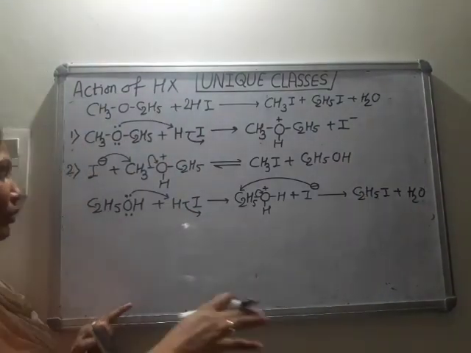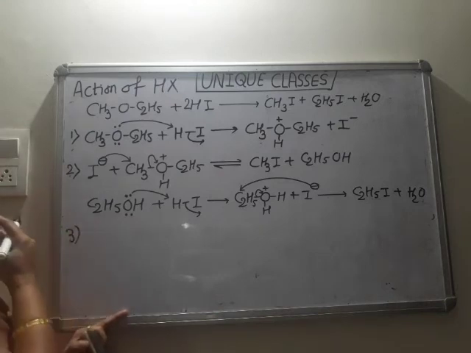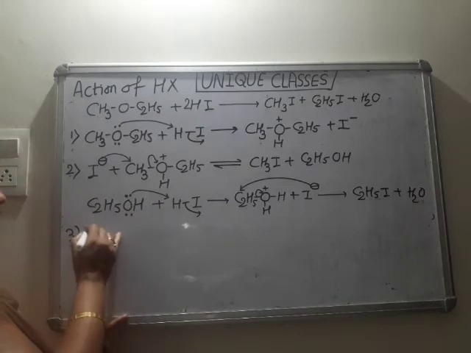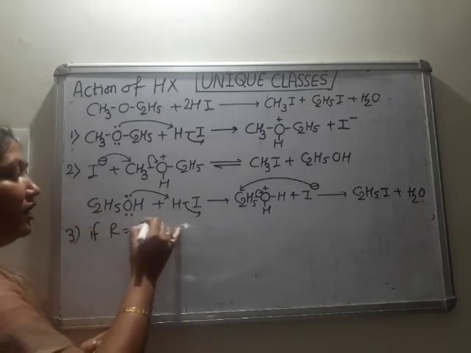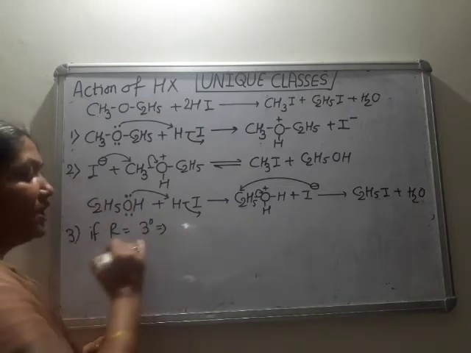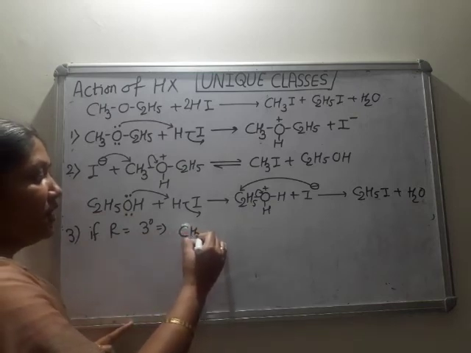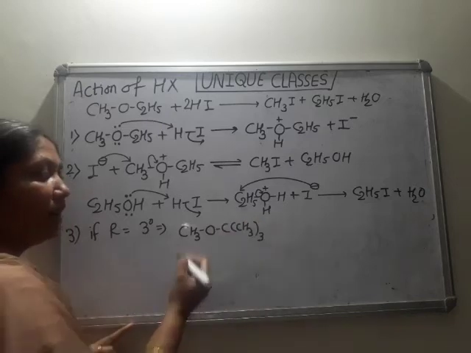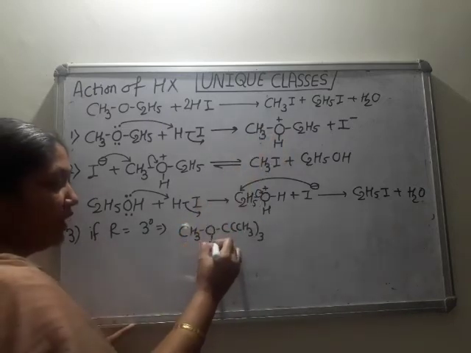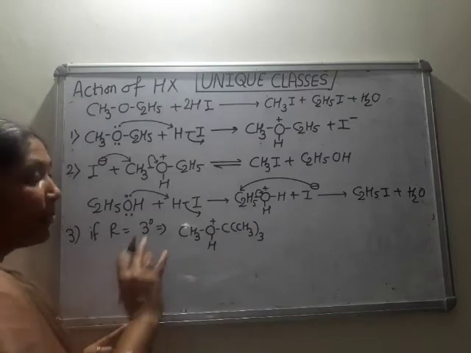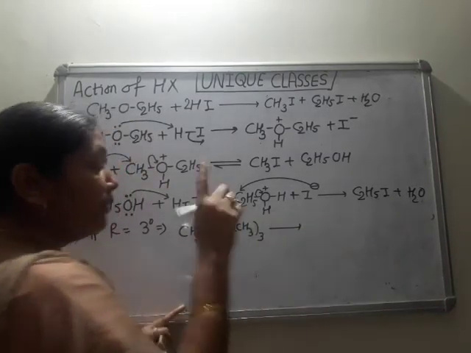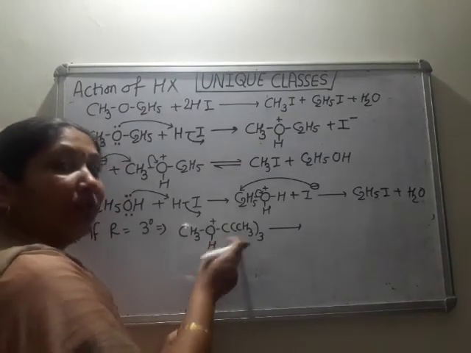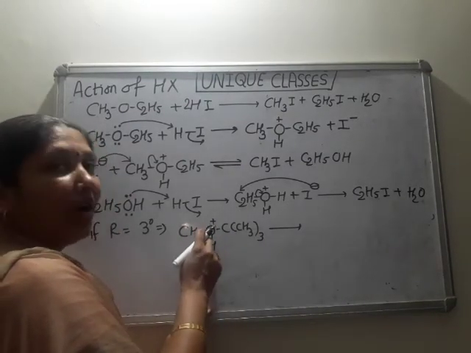Okay. Now, the third condition I told you, if one of the alkyl groups is tertiary, if R is tertiary, then what happens in the reaction? See, this is CH3O, C(CH3)3. So it is protonated in the first step in this way. So here, before attack of I minus, this group itself gives electrons to this oxygen.